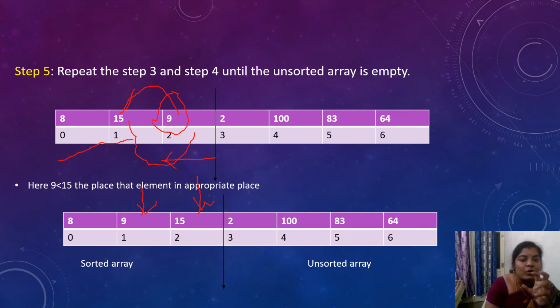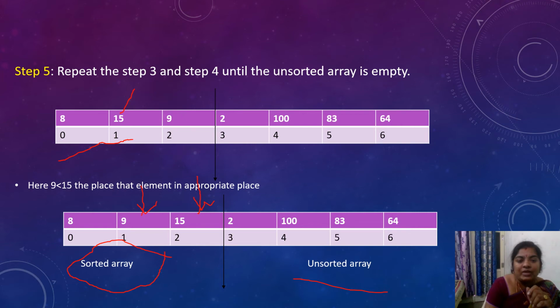This is the process of placing that element in the appropriate position. Then there are two parts now: the first part is the sorted array and the second part is the unsorted array.